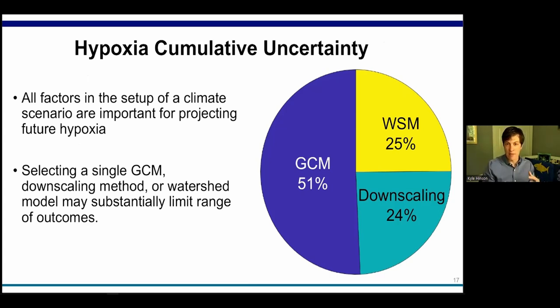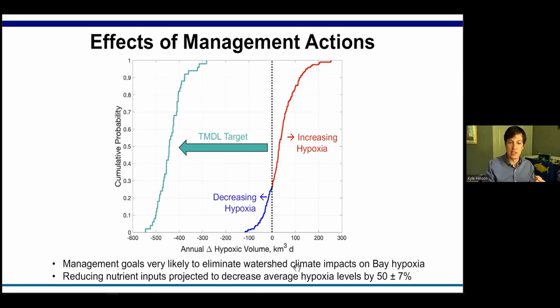But until now, I haven't mentioned the effects of management on the projections of hypoxia and uncertainty. These are all scenarios without the effect of management conditions. And when I include the impact of management actions, this is that same curve that I showed previously, but it seems much steeper because it now includes the effect of management as well, which substantially reduces the likelihood of any hypoxia in the future from watershed impacts due to climate change.